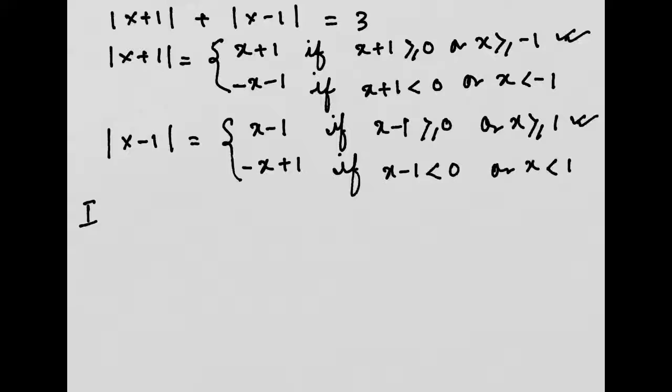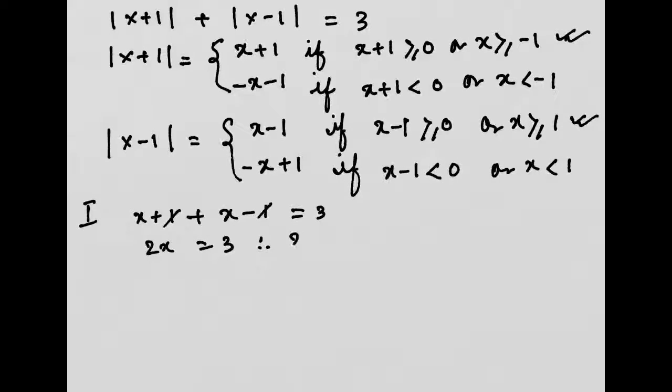The first is x plus 1 plus x minus 1 equals 3, where both these conditions are satisfied. Now let's see. I am getting 2x and nullifying this, equals 3.